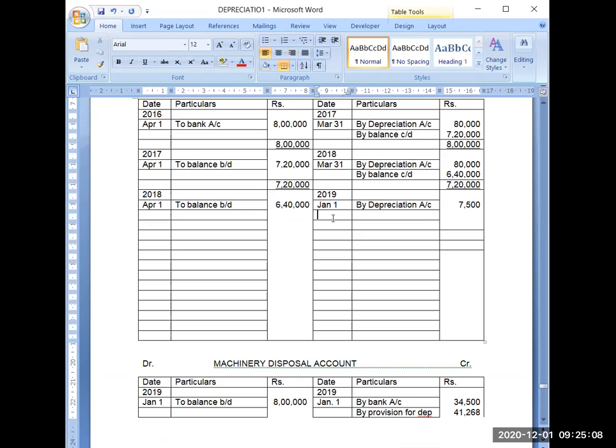Now, usually what we were doing till now, we were recording the sale entry by bank account and writing the sale amount here. But now the question has asked us to prepare the machinery disposal account. So what we will do is transfer the written down value of this machinery which is sold to the machinery disposal account.